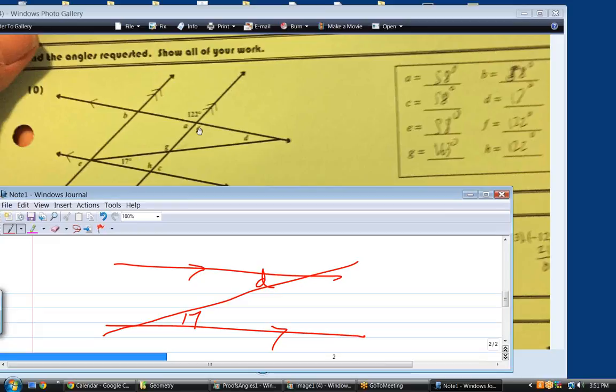So if H is 122, what's the sum of 17 and H? 139. And that's what G is. Okay. And H was 122. Okay.